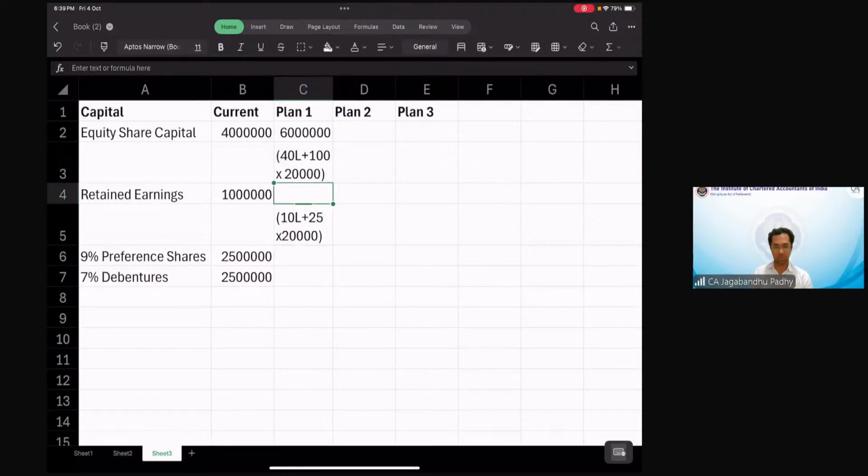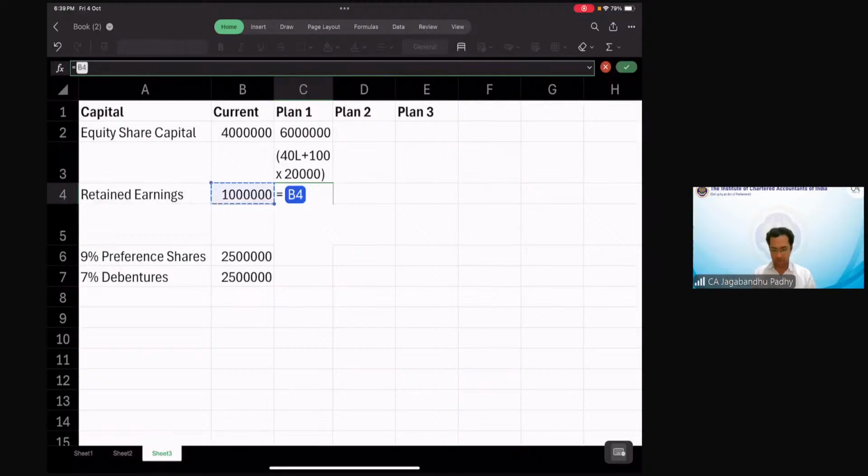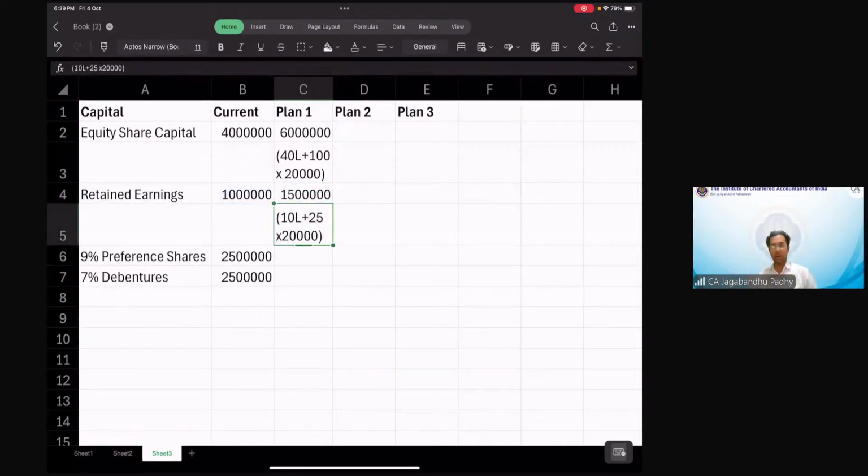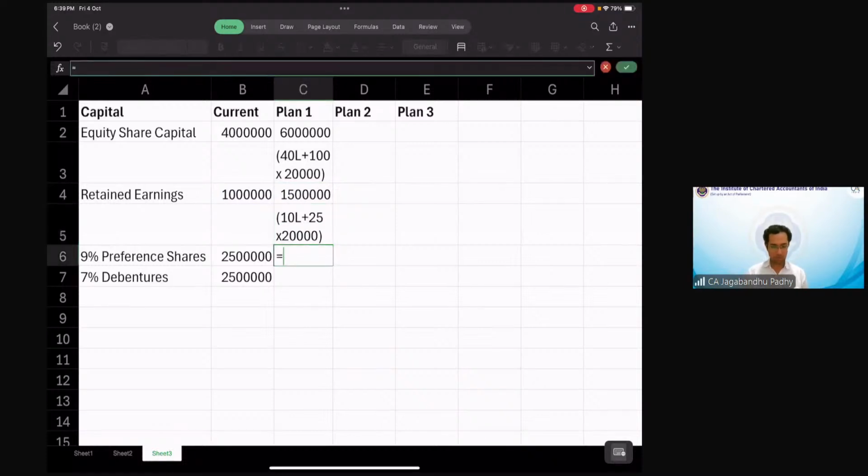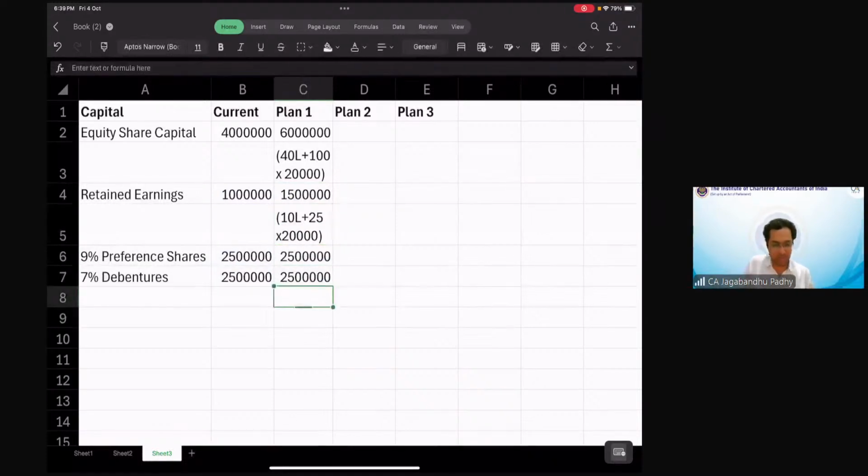So the new reserves are the original 10 lakh plus 25 into 20,000, so 15 lakh will be the amount of retained earnings. And of course, the older preference shares and debentures will continue.